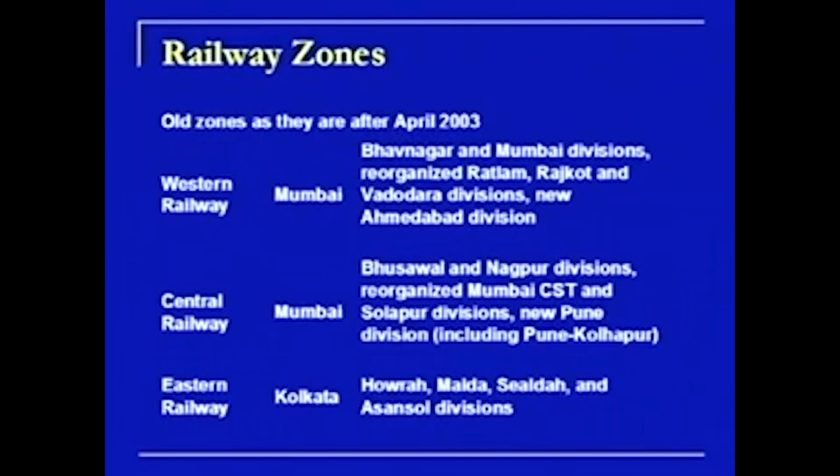The old zones which were there were modified because of the modifications made to railway zones, as seen in the previous slides. They were the Western Railways, Central Railways, Eastern Railways and so on. Here what we see is that the Western Railway, which has its headquarter at Mumbai, had some modifications made to its total divisions.